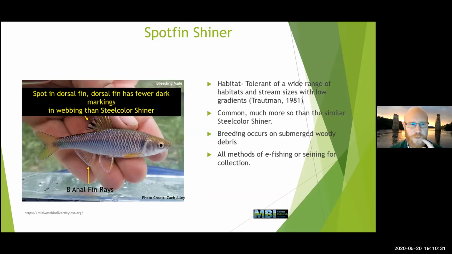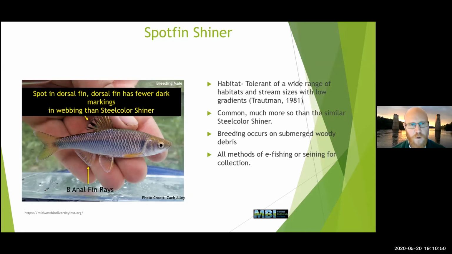You can get them at both sites, but when you're looking at this versus a steelcolor, what you look at is, when you have a male in color, the steelcolor shiner will have a larger dorsal fin. It'll actually kind of look like a fan. And we'll show that on the next slide.